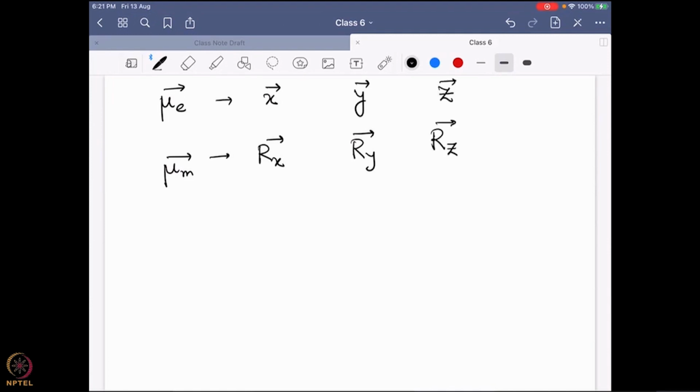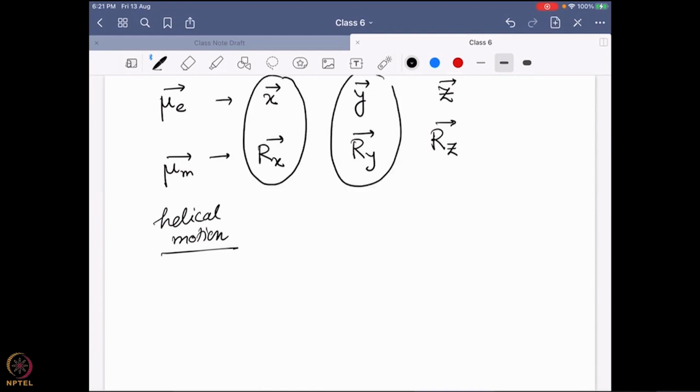Right? So if you want to have an optically active compound, you have to create the helical motion, and to create the helical motion, both electrical dipole and magnetic dipole moment active transitions should be allowed. That means these two things should play together: x and Rx, y and Ry, z and Rz.